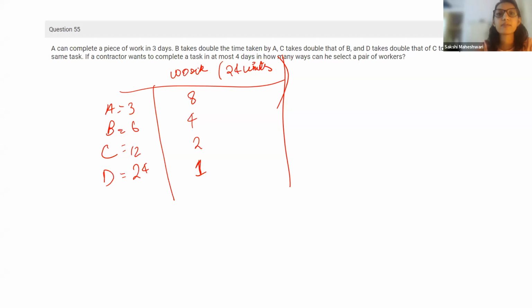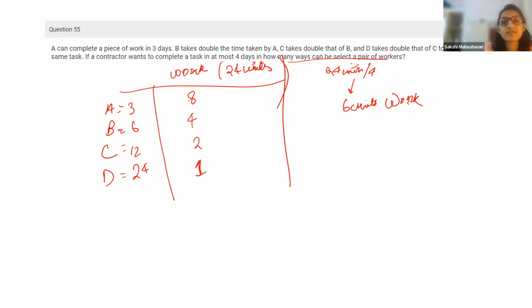If a contractor wants to complete a task in at most 4 days, so if I want to complete 24 units in 4 days, how much work will I need to do in a day? I'll need to do at least 6 units of work, right? So how many ways can he select a pair of workers such that the sum is 6?